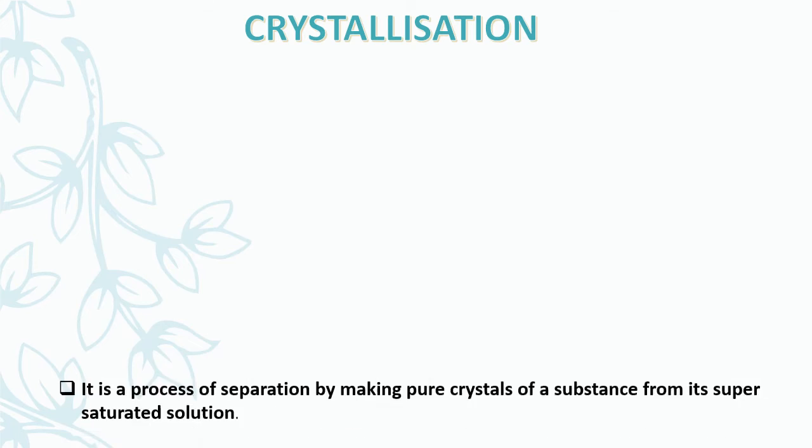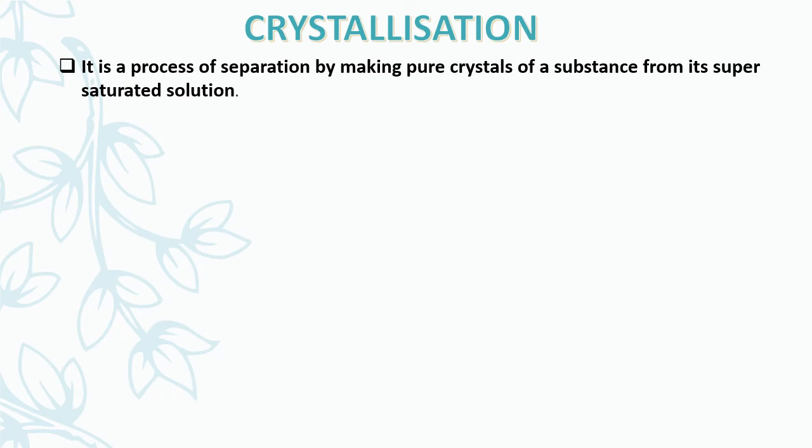For example, the salt that we get from seawater can have many impurities in it. To remove these impurities, the process of crystallization is used. Crystallization is a process that separates a pure solid in the form of its crystals from a solution. It is a better technique than simple evaporation.